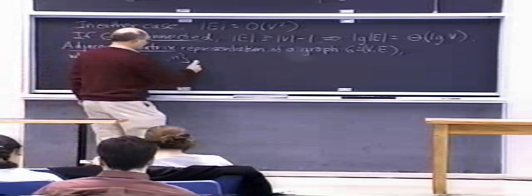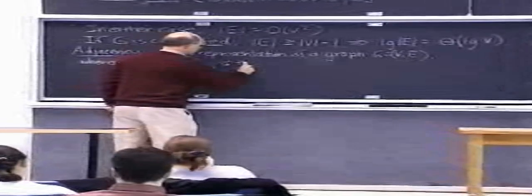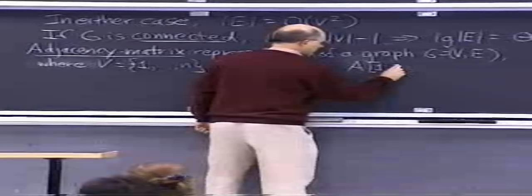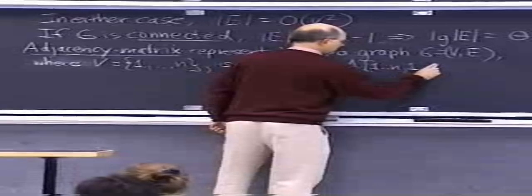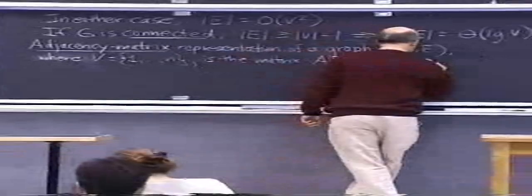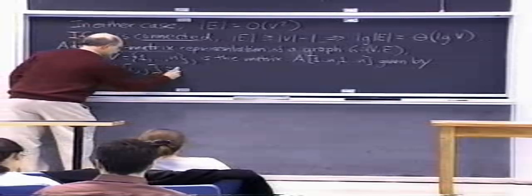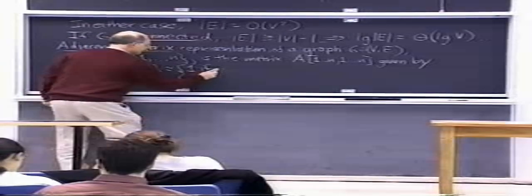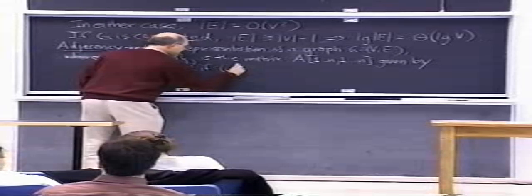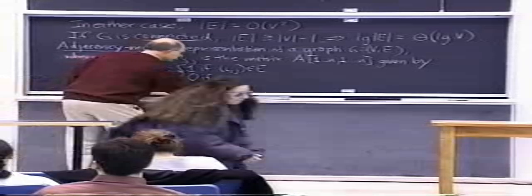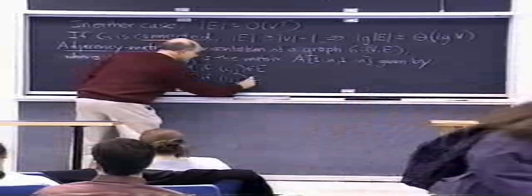The adjacency matrix is the matrix A running from 1 up to n and 1 up to n, given by A of ij is equal to 1 if the edge ij is in our edge set and 0 if ij is not in the edge set.